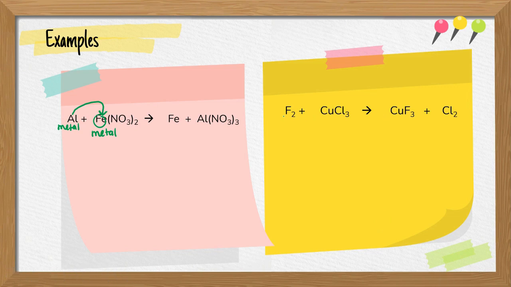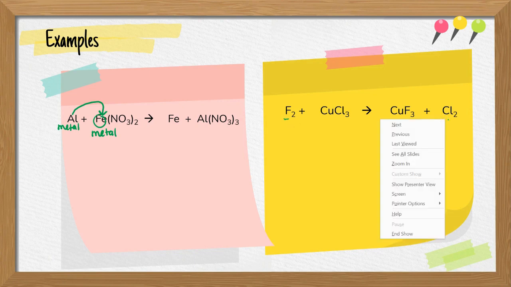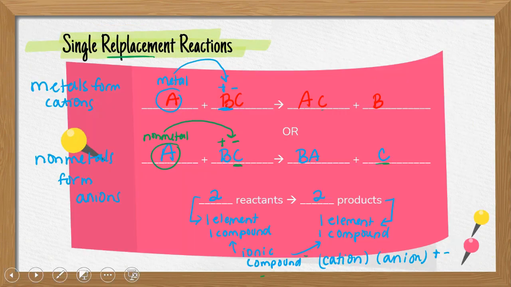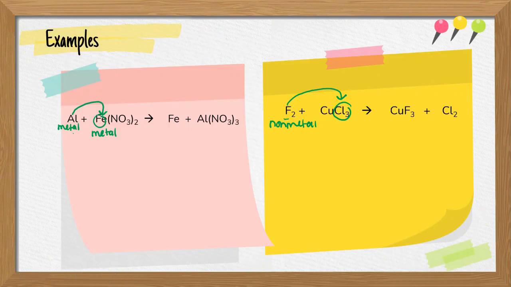Well, not iron, fluorine is by itself on the reactants. Chlorine is by itself on the products. So chlorine and fluorine flip spots. Fluorine is a nonmetal, so it's going to find the nonmetal in this compound, which is chlorine. So fluorine replaces chlorine.